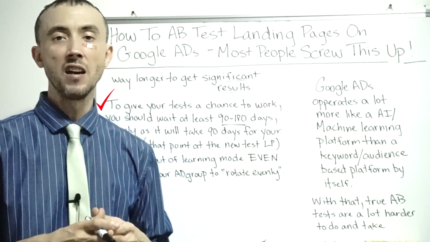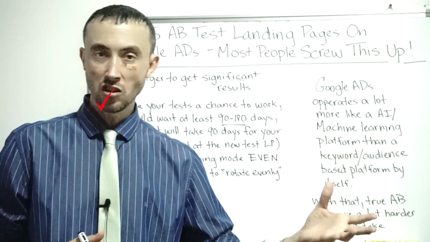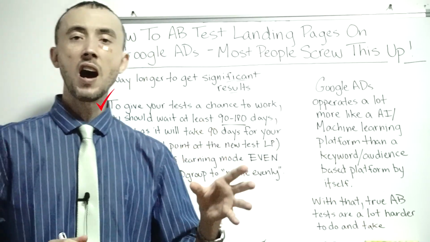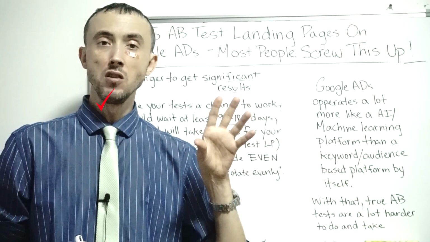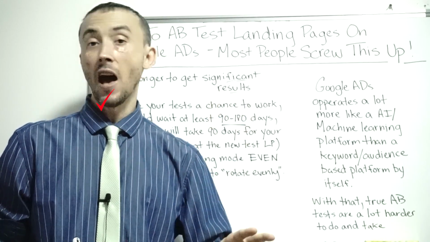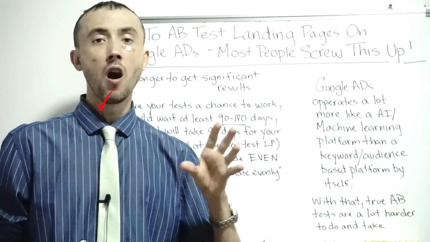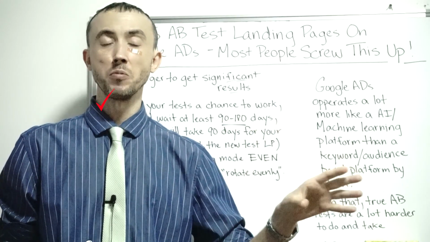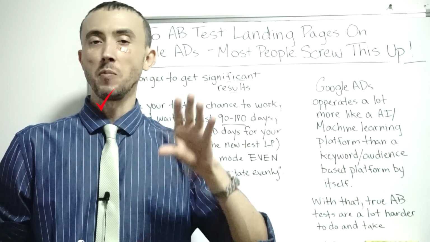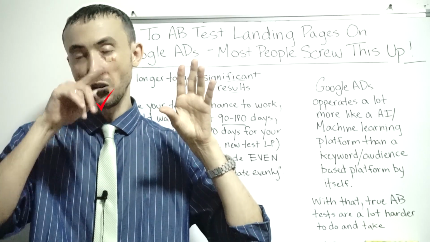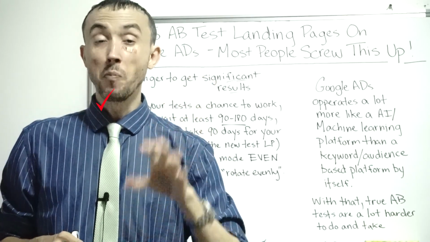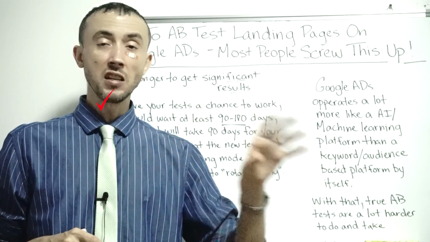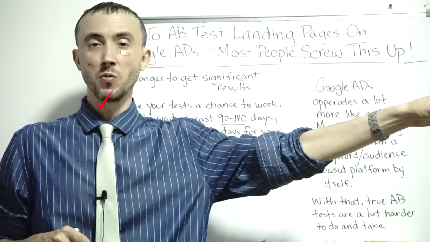This is, by the way, going into a slight tangent here, why new campaigns and new ad groups always do horrible compared to existing ads and ad groups, even if the new ads, landing pages, and campaigns are better in every way, because the system understands how to get conversions for old campaigns.